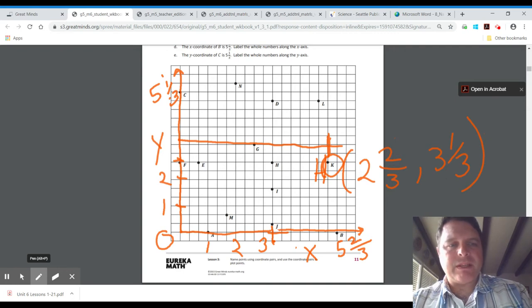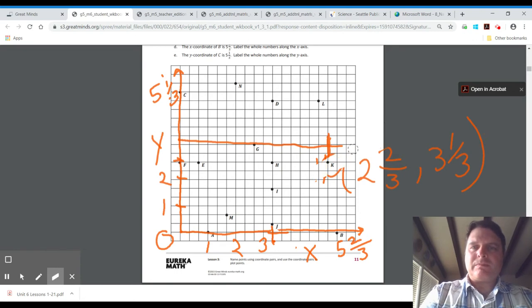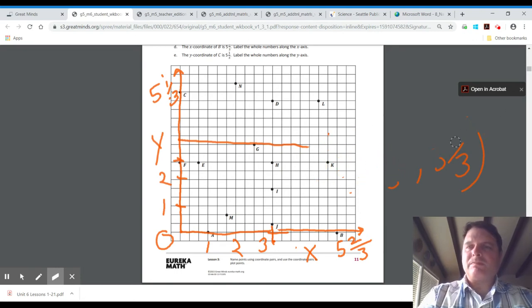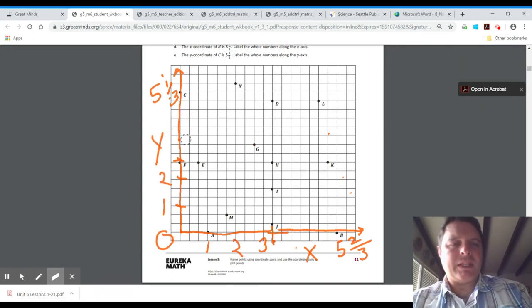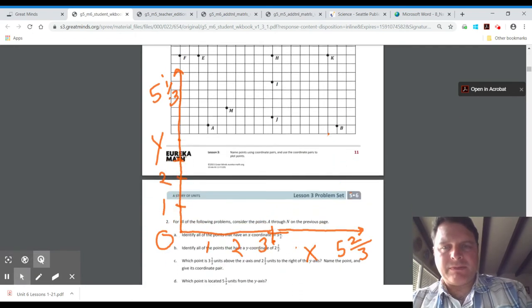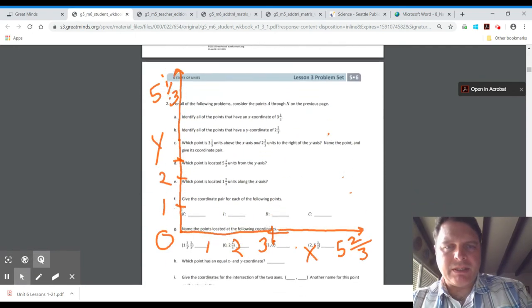This is getting a little messy. So we'll go down here, 5 1/3. Let's see what we got.